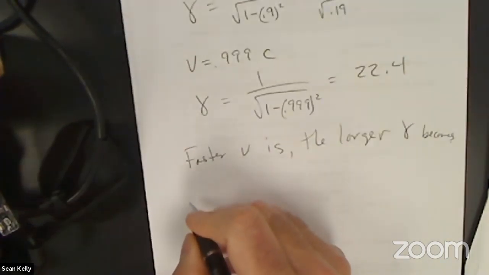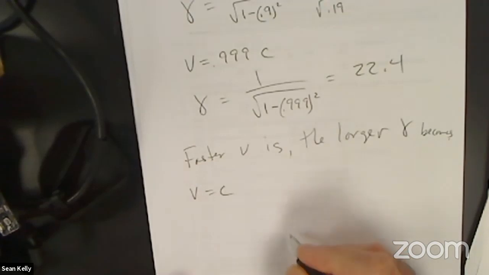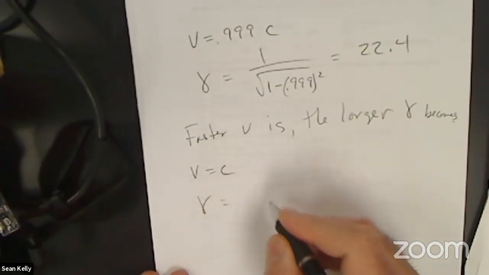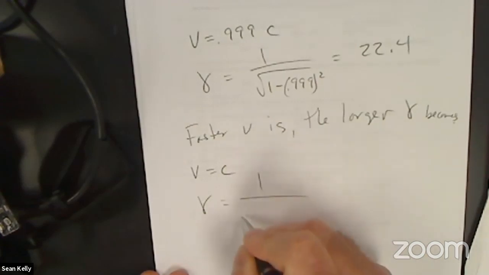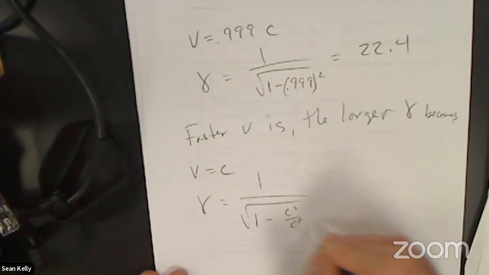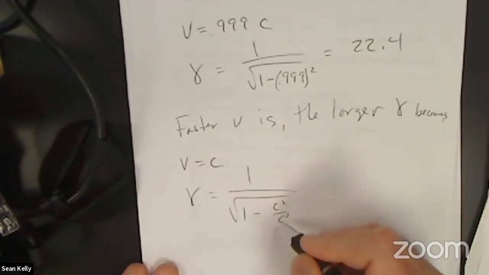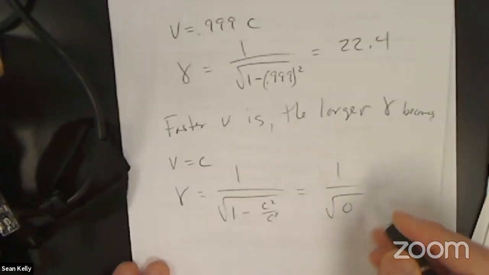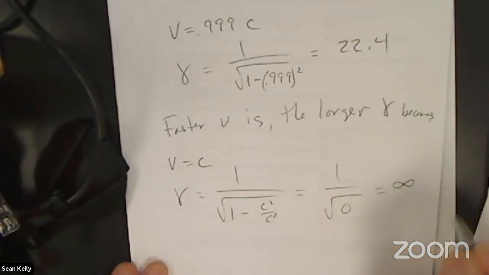Okay, one last one. What happens if you go the speed of light? Well, we actually have a problem, right? 1 minus c squared over c squared. What's that? 1 minus 1 is 0. 1 over 0 is infinity.